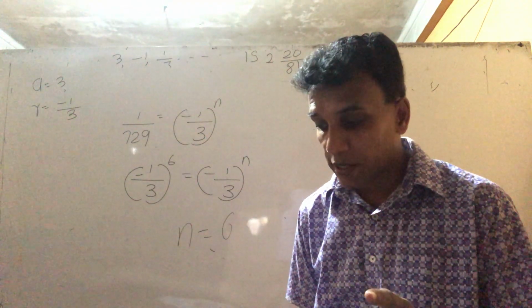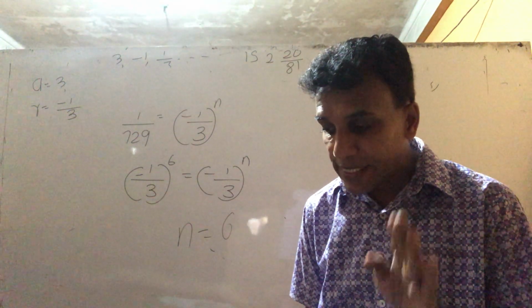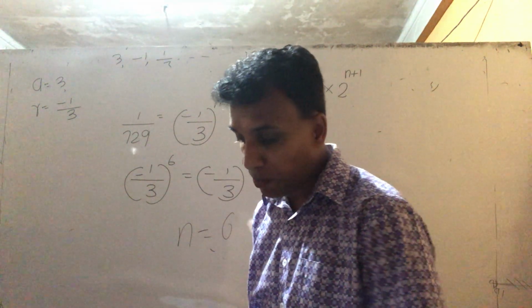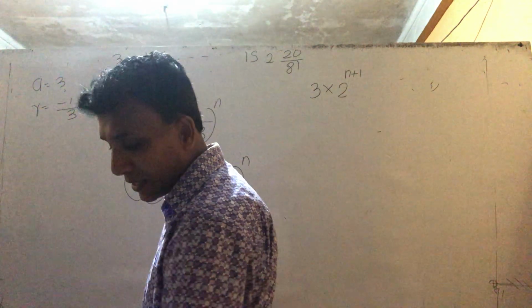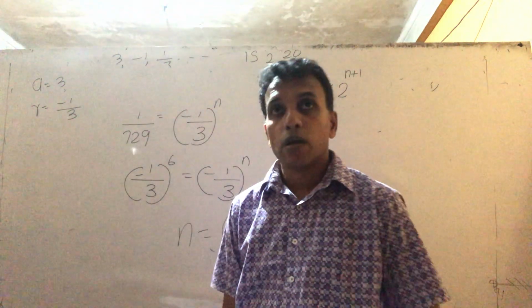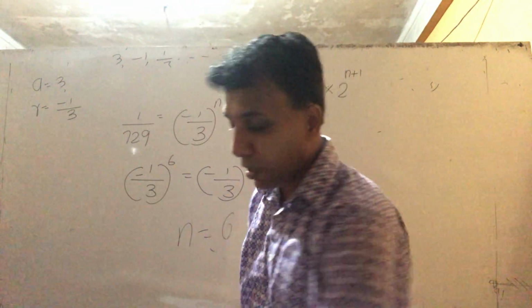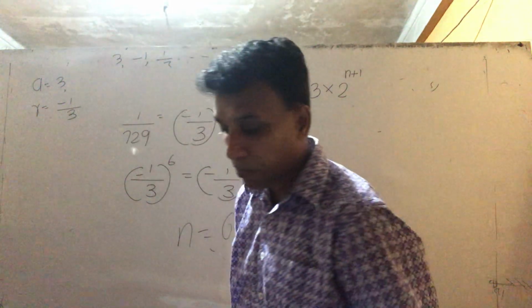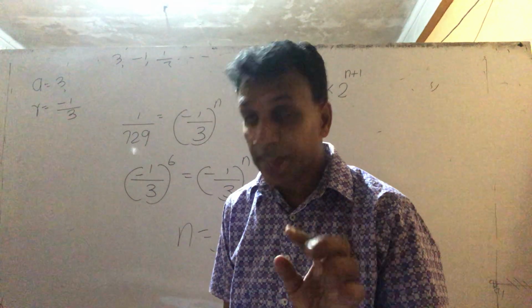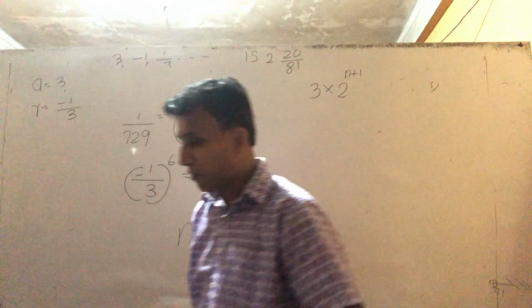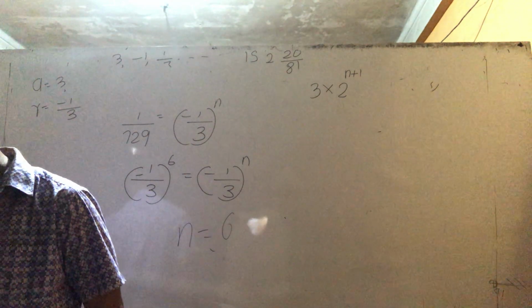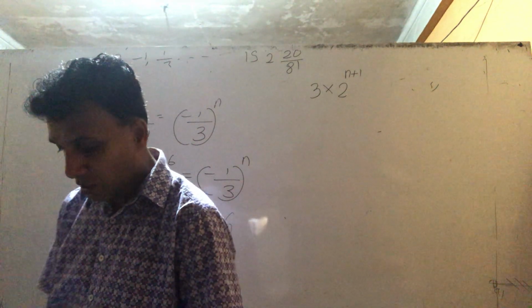Right, first part: show that this is a GP. Right, second part: find the first 4 terms.